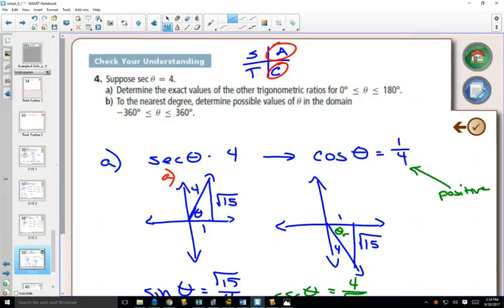So if cos is positive, it's in 1 and 4. But in part A, it said just look between 0 and 180. That's only quadrant 1 and quadrant 2. So for part A, we're only looking at this one because that's the only one in quadrant 1 or quadrant 2. I drew the other one, even though you don't need it for part A. I drew it because we're going to need it for part B.